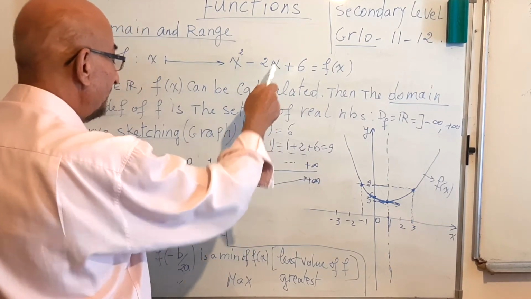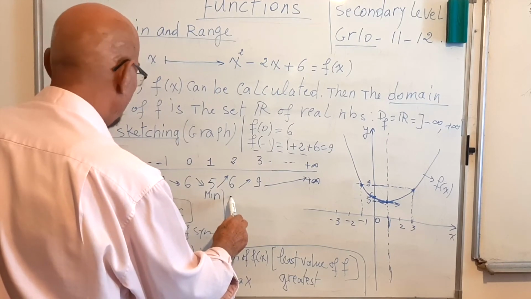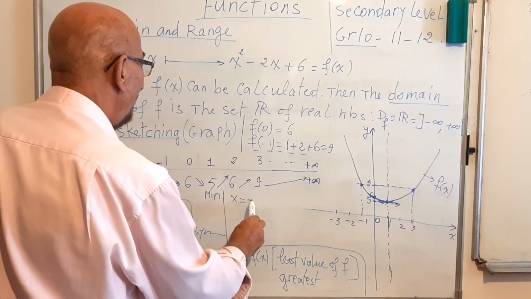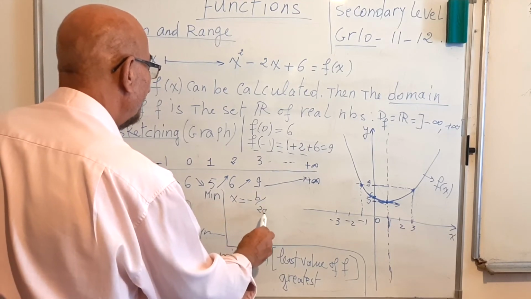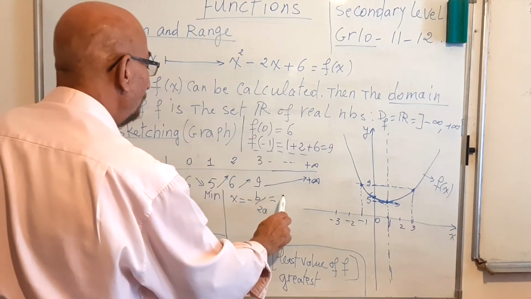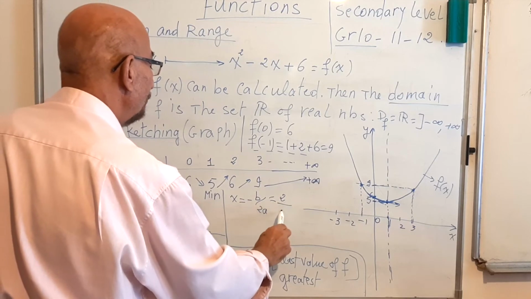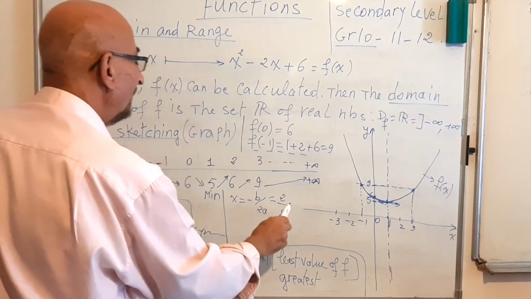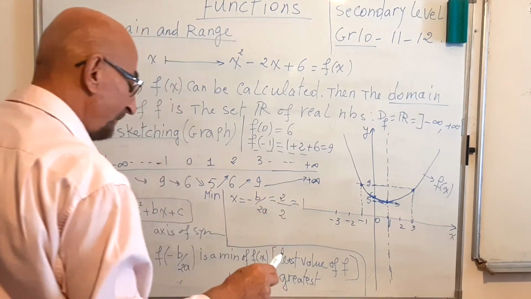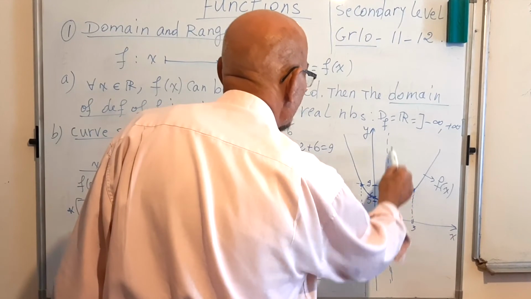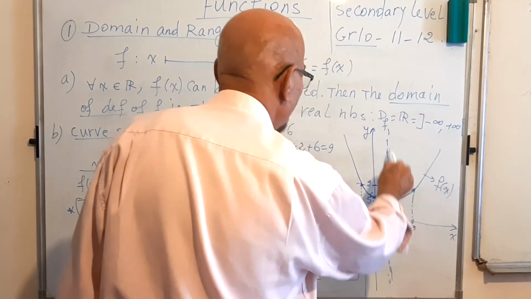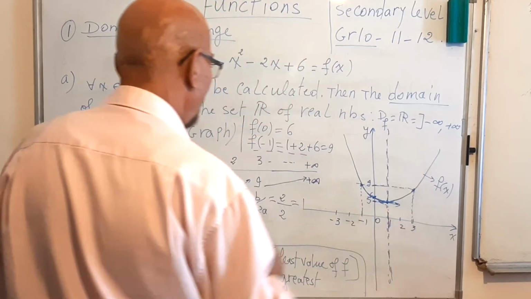For this function, x equals minus b over 2a is minus minus 2 over 2 times 1, equal to 1. So x equals 1 is an axis of symmetry of the curve.